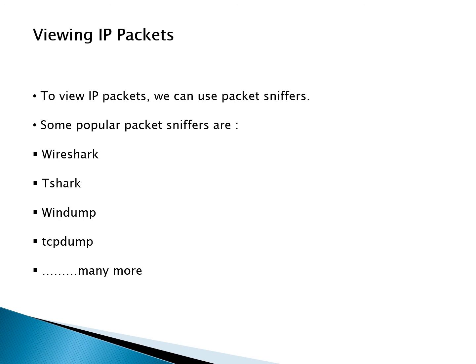And whatever packets are flowing through the network interface where you place the packet sniffer, you can see all these packets and get information about them. Some popular packet sniffers are Wireshark, TShark, WinDump, TCPDump, and many more. We will give a demonstration of these packet sniffers in coming lectures.